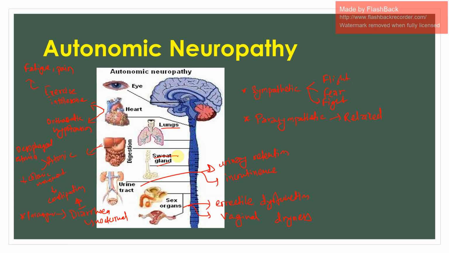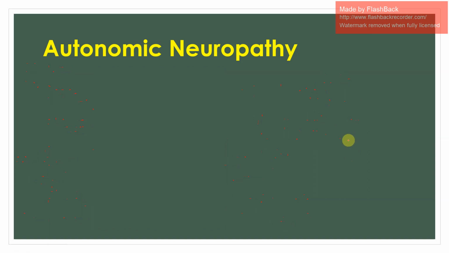Talking about the glands, the function of the autonomic nervous system related to glands is known as pseudomotor function. If the pseudomotor function is affected, it can result in an increase or decrease in function.